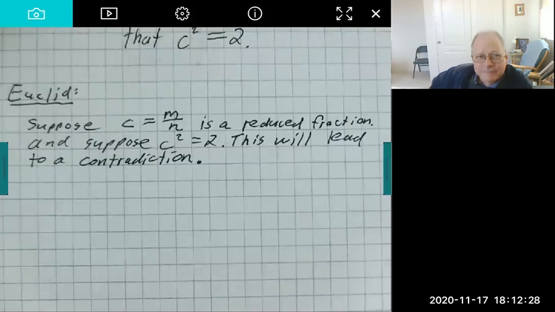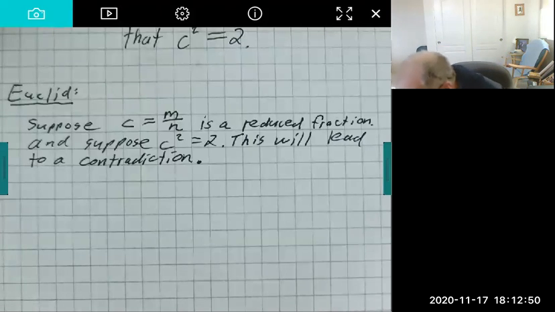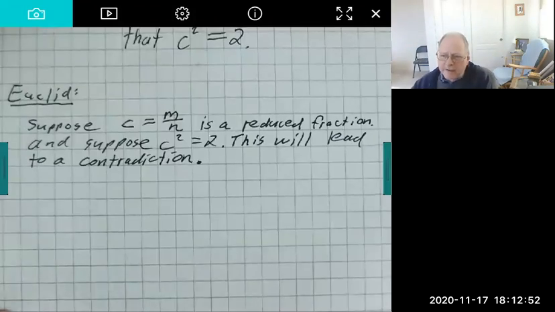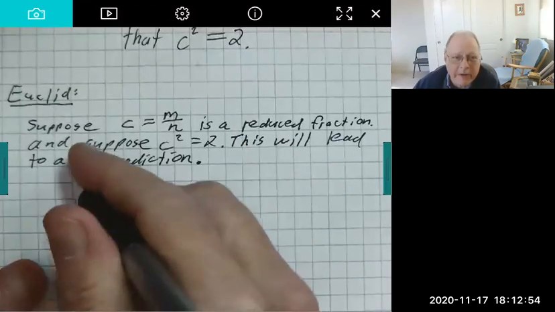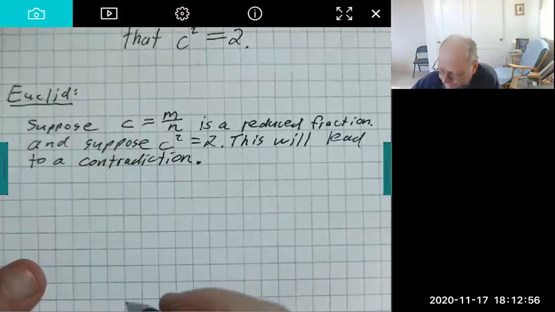It's modus tollens, the reasoning pattern we learned about in the logic chapter. If this reduced fraction, when you square it, you get 2, then pigs have wings, but they don't. Okay. So how are we going to get our contradiction?